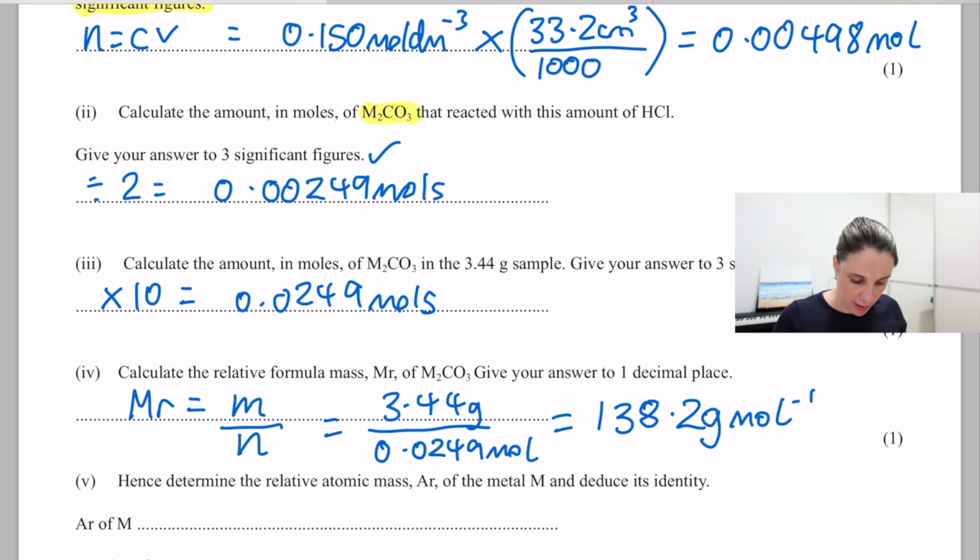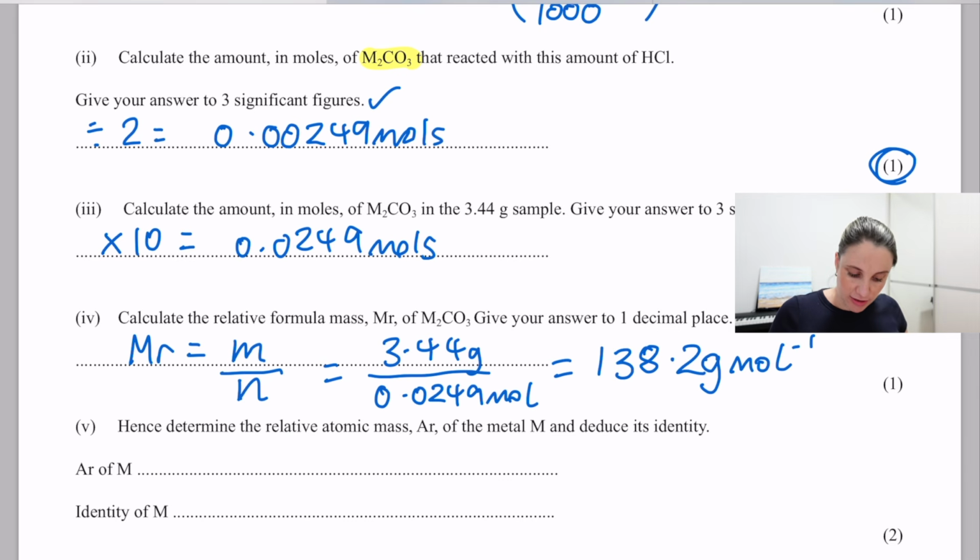Okay, last part of the question. Hence determine the relative atomic mass of the metal M and deduce its identity. So if I know that I've got M2CO3, I can work out the formula mass of the CO3, and then I can subtract it to give me the formula mass of the M2.